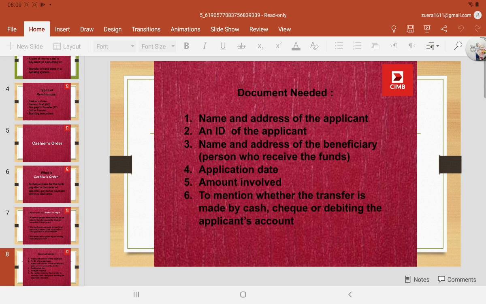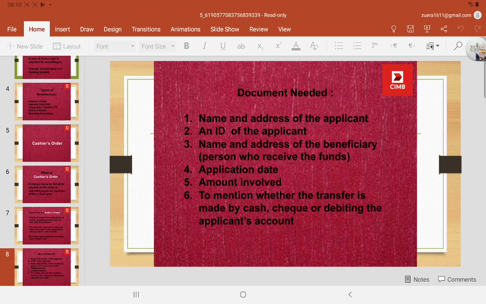You have to give your name and address as the applicant. The ID or identification card is also required to be produced to the bank officer. Then the name and address of the beneficiary, which is the person who will receive the fund. You must state the name and address.